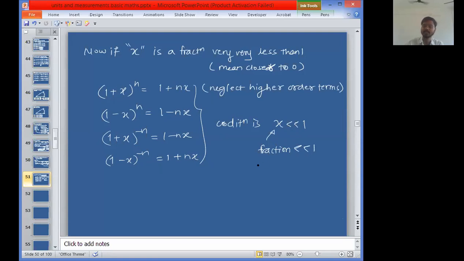Example is x equal to 0.007. This is very less than 1, so x is very less than 1 or closer to 0.